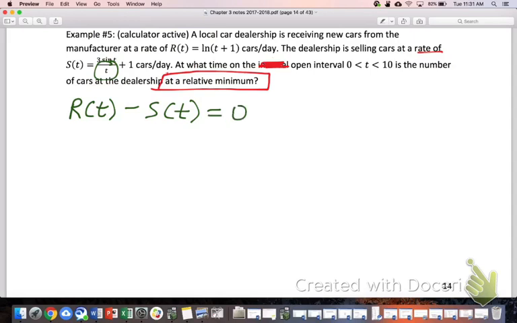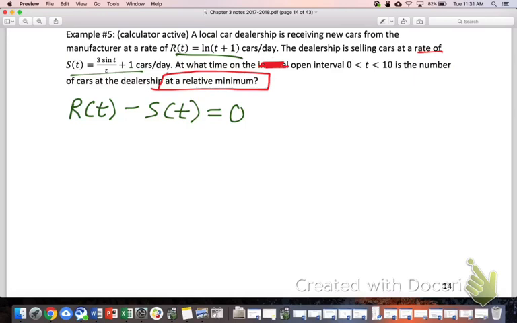You look at those two functions there. A little messy. Not too bad. What's the saving grace on this question? Calculator. Yes. So what you've got to do is use your calculator, find out where r of t minus s of t equals 0 by probably using the zero finder, or you could just find the intersection point between the two of them.